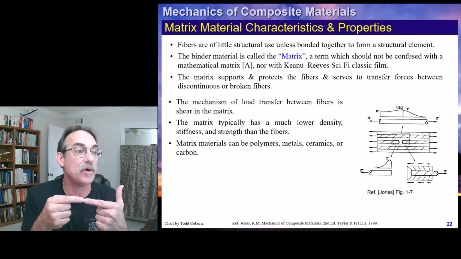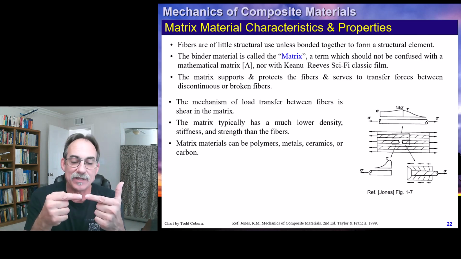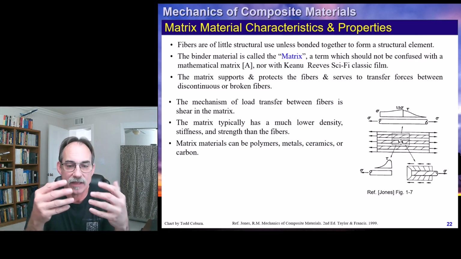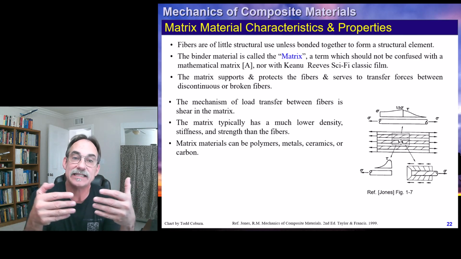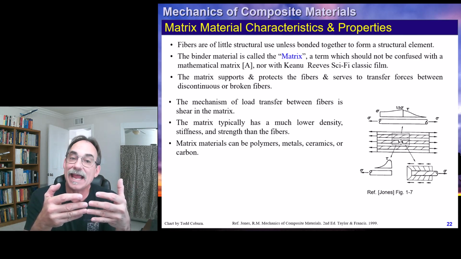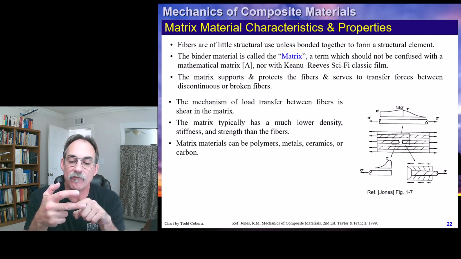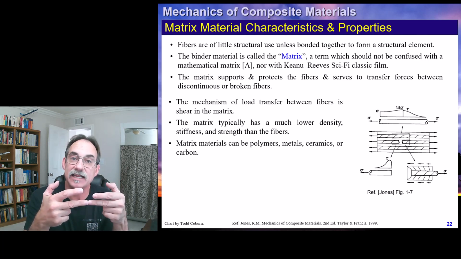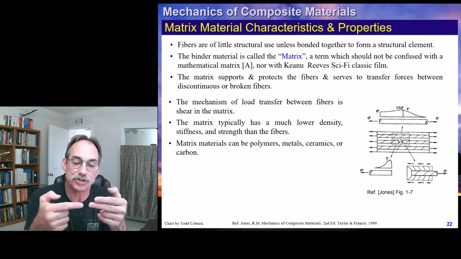This is a picture from Jones's text. When you pull on this, all of these try to strain the same. Since that one can't strain the same, whatever force, whatever stress is in this fiber that's discontinuous, can't go straight down into the rest of the fiber because it's not attached.